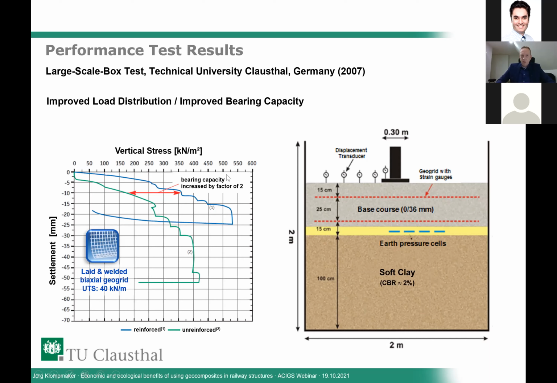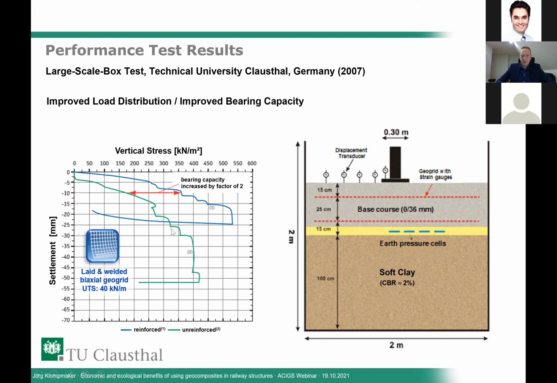We are now using a geogrid and we apply the load, and we can see that settlements are taking place at a certain stress level underneath the plate. This is represented by the blue line in the chart on the left side. If we are using a laid and welded geogrid, and in this particular case, it was a laid and welded 40 kilonewton biaxial geogrid, then of course this is represented by the blue line, but in case we are not using a geogrid, we can see the load settlement curve represented by the green line.